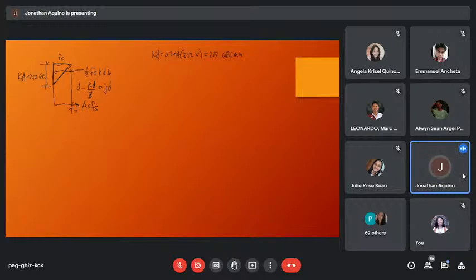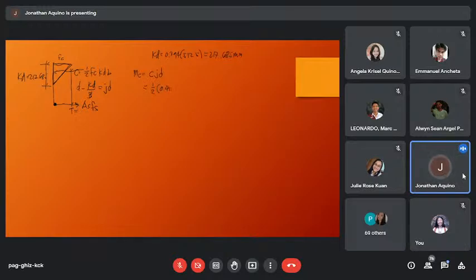Okay. So if we take moment about the steel section, the internal moment produced by the concrete, MC, is equal to the compression force C times JD, which is equal to 1/2 FC.